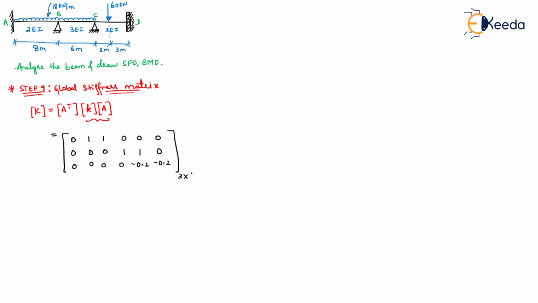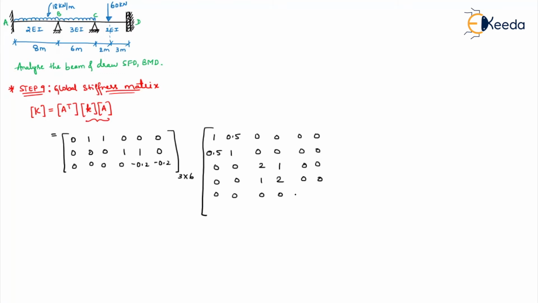So this is a 3 into 6 matrix. Now small k, so this is a 6 into 6 matrix.